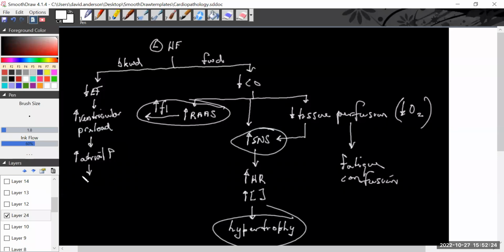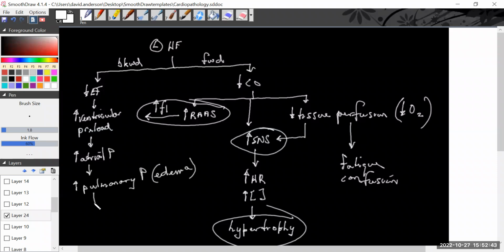And that's going to lead to an increase in pulmonary pressure. Which, in other words, is going to cause pulmonary edema.